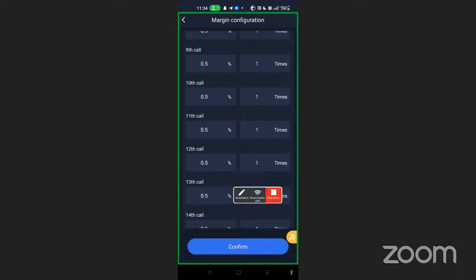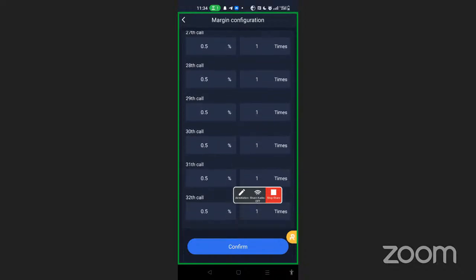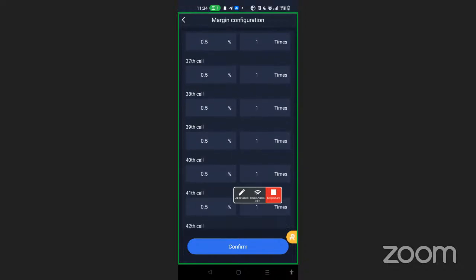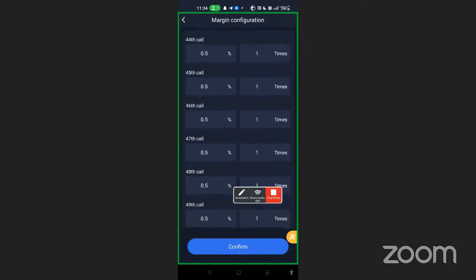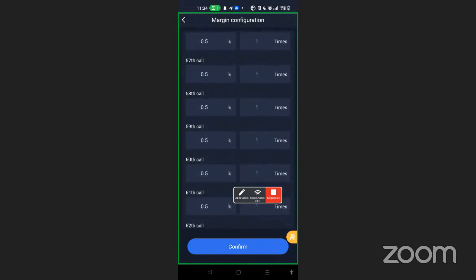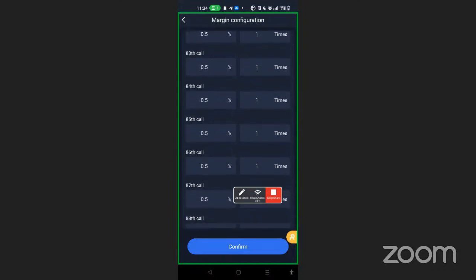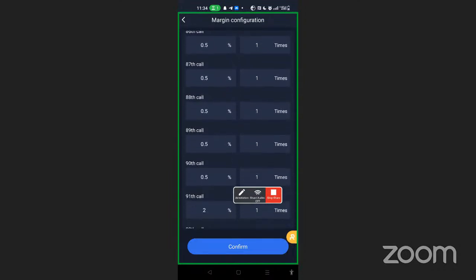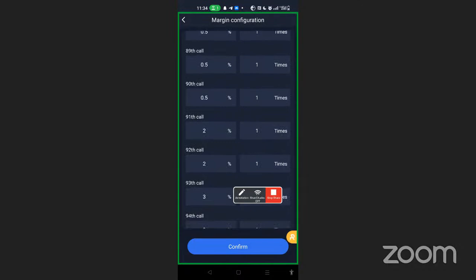So this one trades all the coins from margin call number 1, 0.51%, 0.51%, 0.51%, 0.51%, up to call number 90.